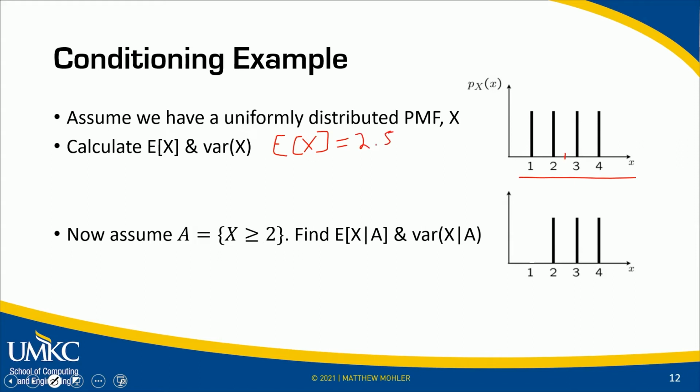Now the variance of x gets a little bit more interesting, but as you may recall from the earlier lecture about the variance of the uniform distribution, we said that the variance of a uniformly distributed random variable x is just equal to 1/12 of b minus a, multiplied by b minus a plus 2.